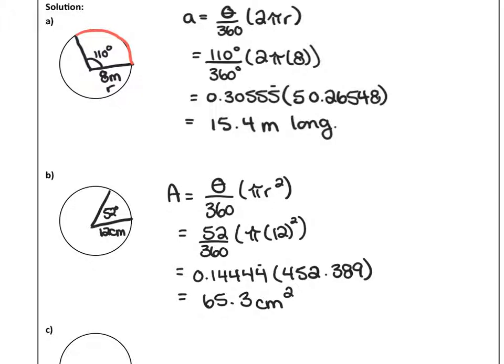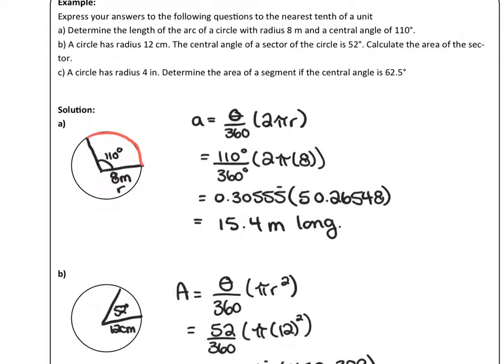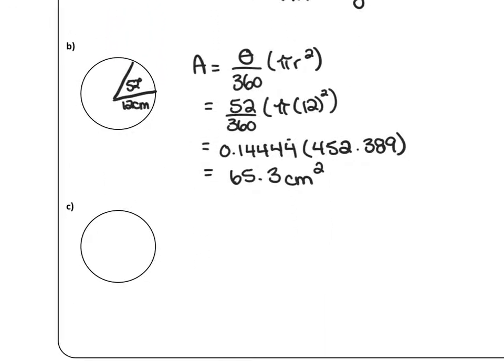All right, last example. A circle has radius 4 inches. Determine the area of a segment if the central angle is 62.5 degrees. In this case, we're doing a segment, which is this. We want to find this area, and they've given us the radius is 4 inches and the angle was 62.5.